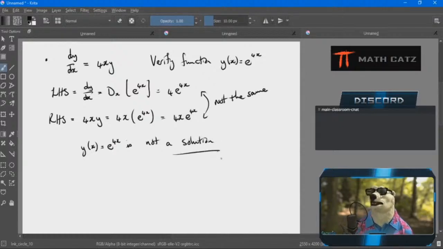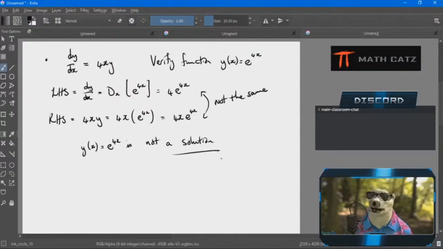Just like if I had a basic equation, plugging in a number and the two sides don't equal each other, then that's not a solution. I'm just now working in functions, and then the equations become differential equations. So there are some similarities, but also a bunch of new things.